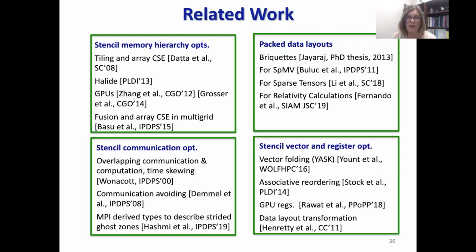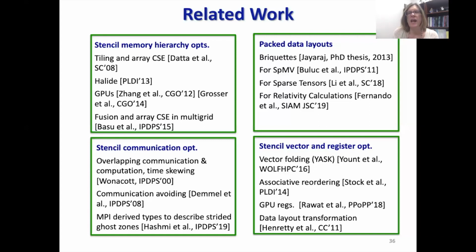Associative reordering, I also mentioned earlier. GPU register optimization, which identifies reuse from a DAG. And data layout transformation, which deals with alignment issues in stencils as you move across the dimension.